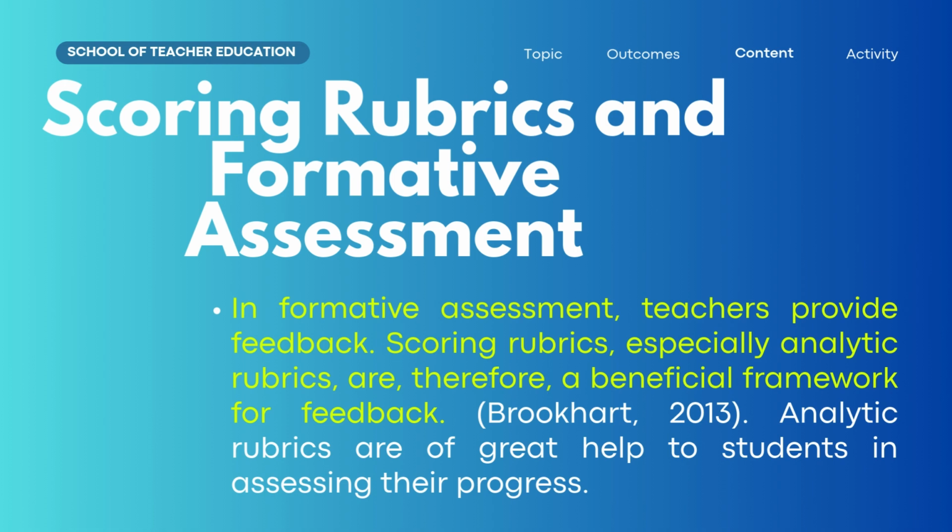Scoring rubrics and formative assessment also share the same idea, they should coexist. When I say they should coexist, when we give a formative assessment, which is activity based in nature, we should provide the criteria and the level of performance we want them to achieve. Hence, this gives us an idea of what feedback we are going to give them at the end of the activity.